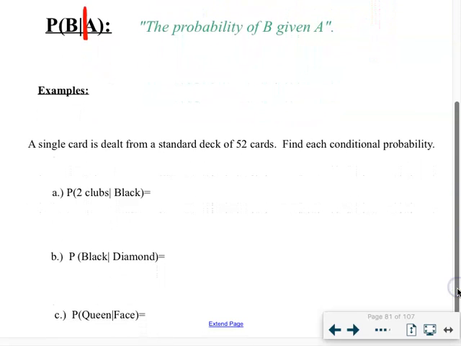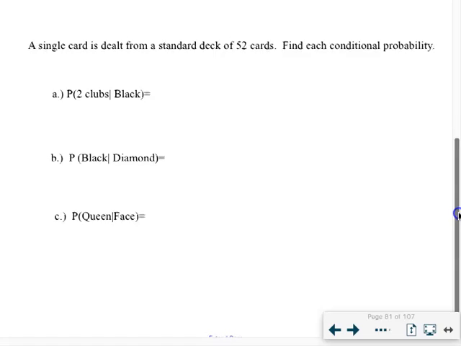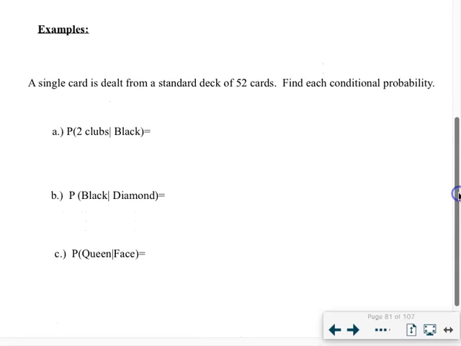Here's an example. A single card is dealt from a deck of 52 cards. We want to find each conditional probability. So we want the probability that we get the two of clubs, not two different clubs, the two of clubs, given that the card is black. Normally, if we wanted the two of clubs, there would be 52 cards, only one of them is the two of clubs.